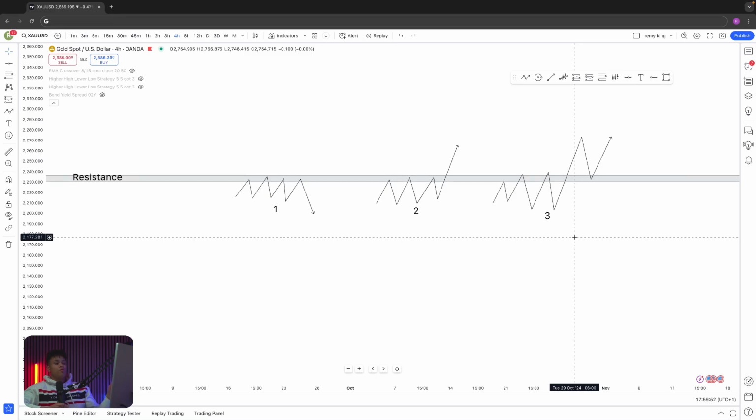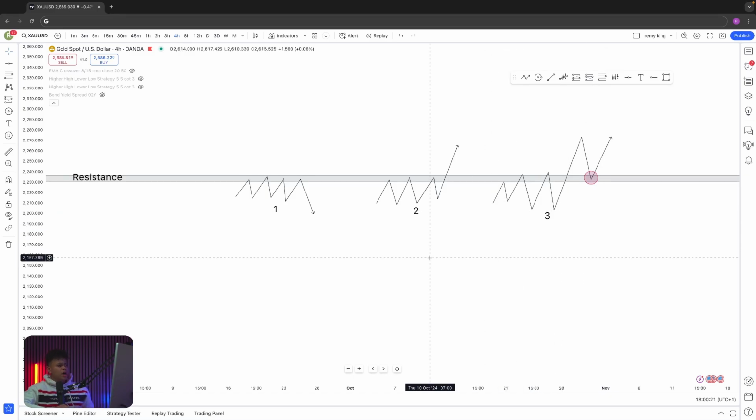Third example, price is showing a lot of rejections, breaks above the area, comes back and uses our previous resistance, our gray box, as a support area right here. Those are the 3 steps you have to keep in mind when wanting to master resistance perfectly.